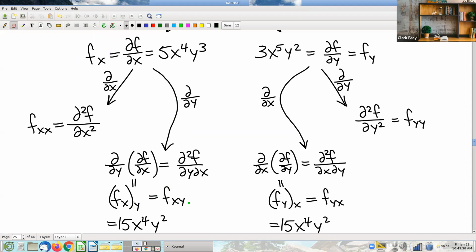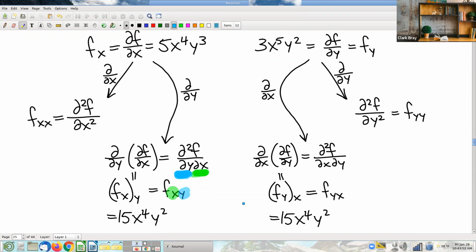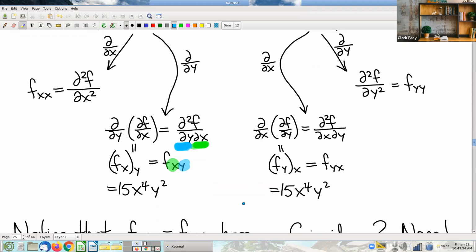And what's super annoying and confusing is that here the first derivative that you took, namely the x, is on the right. Here the x is on the left, and the second derivative you took, the y partial, is on the left here, while here the y is on the right. It's just how the notations fit together.